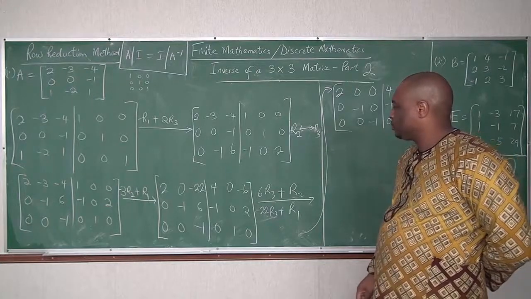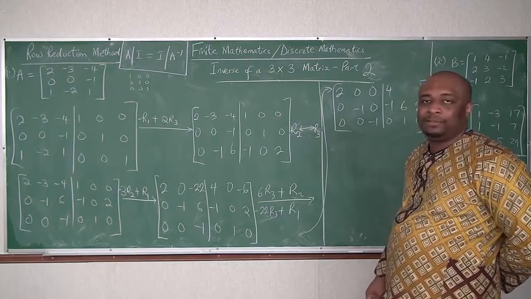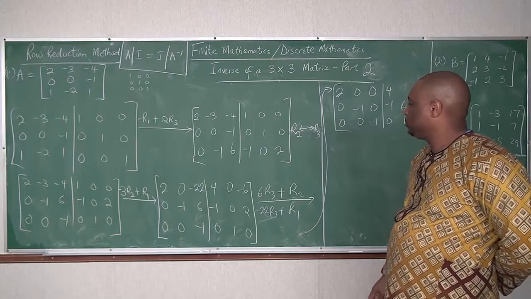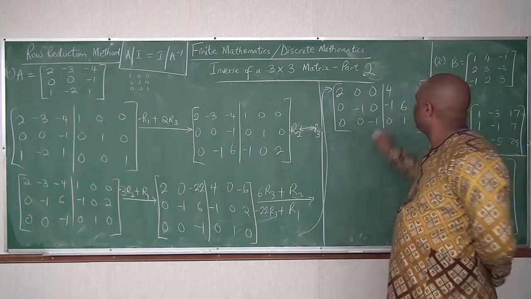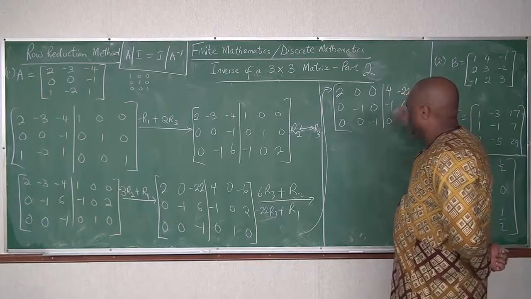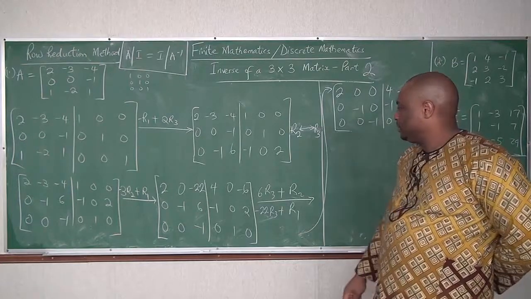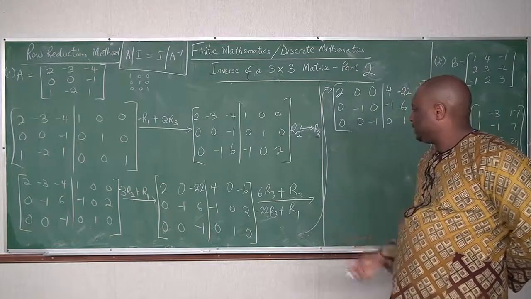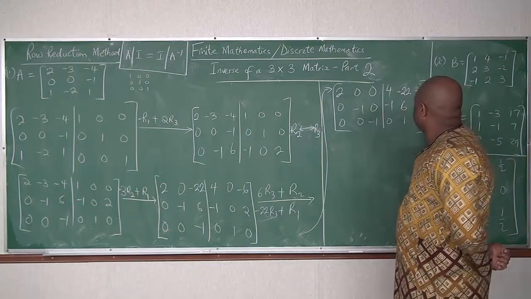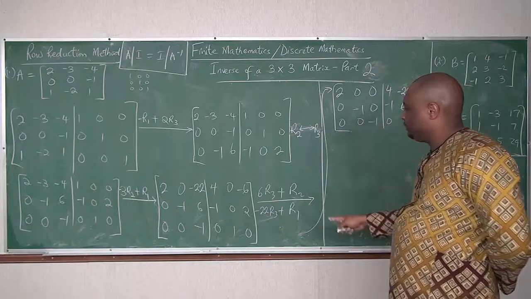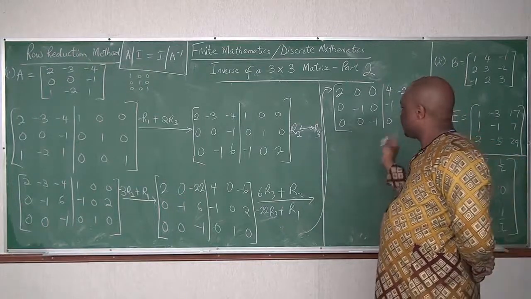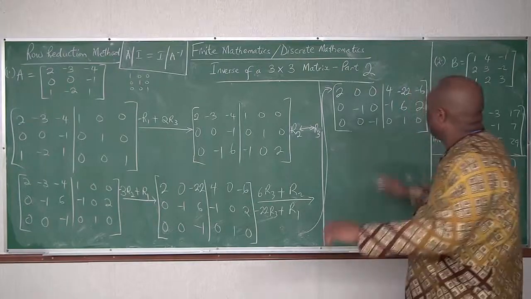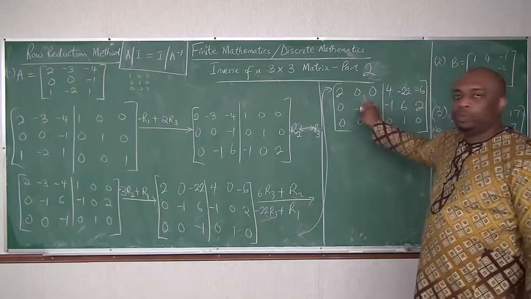Negative 22 times 1 is negative 22, plus 0 is negative 22. Then negative 22 times 0 is 0, minus 6 is minus 6. Let's check it again. Negative 22 times 1, negative 22. Then times 0 is 0, minus 6, minus 6. Alright, so we have established what we want.